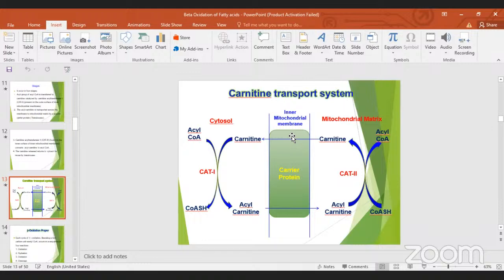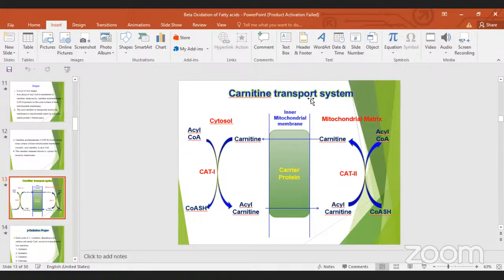The citrate can diffuse out of the mitochondria with the help of the tricarboxylate carrier. This citrate reacts with CoA and ATP in the cytosol to produce acetyl CoA and oxaloacetate in the presence of an enzyme called citrate lyase. Citrate plus CoA plus ATP gives acetyl CoA, oxaloacetic acid plus ADP plus Pi.